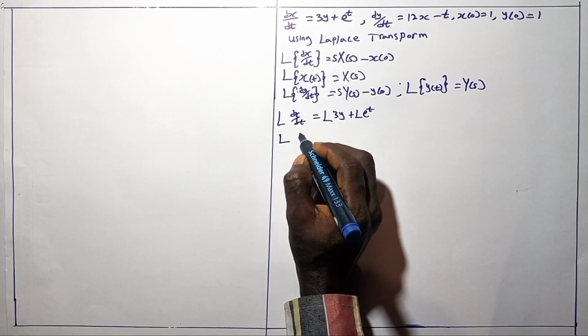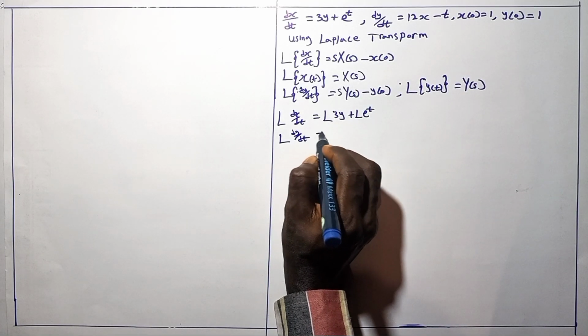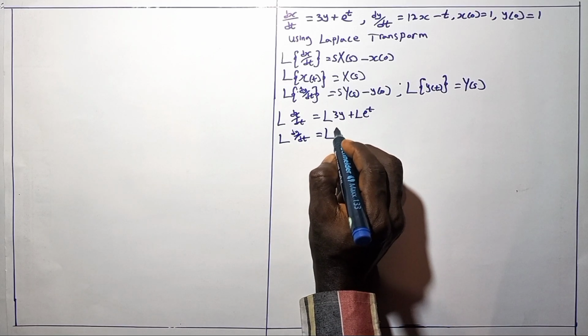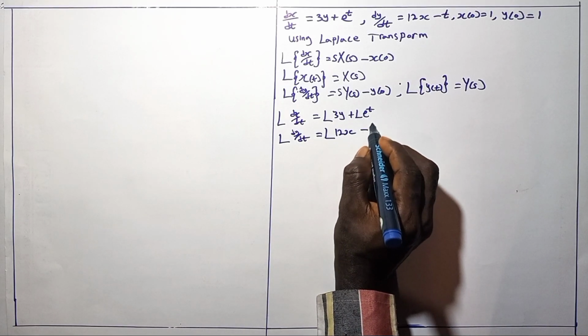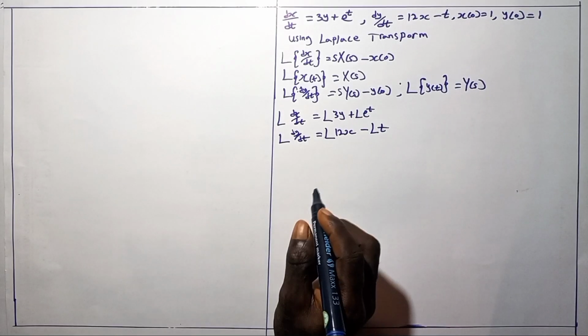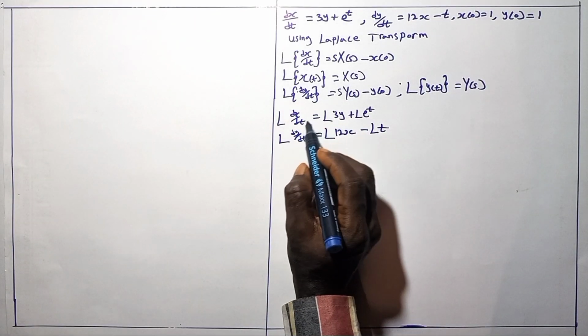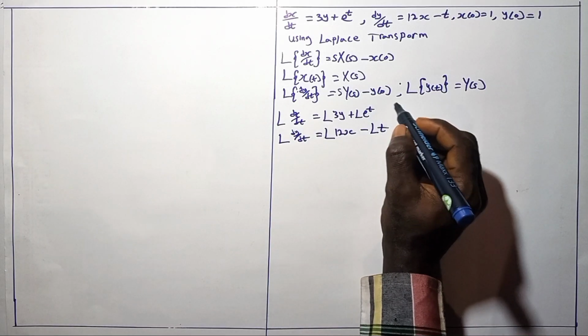Then for the second one, Laplace of dy/dt equals Laplace of 12x minus Laplace of t.